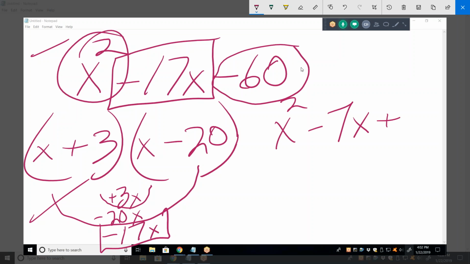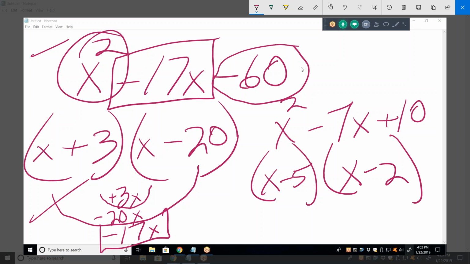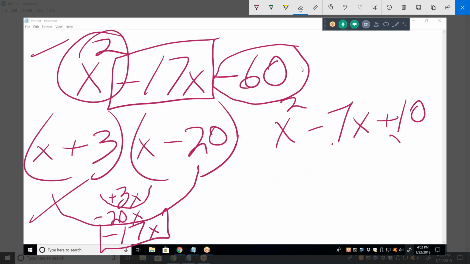let's look at this one again. That factored into x minus 5 times x minus 2. If I change this number to a 9, in other words, that's a quadratic also.